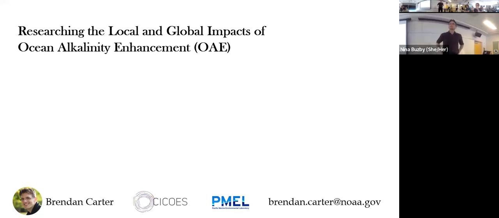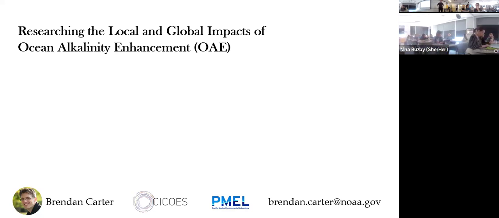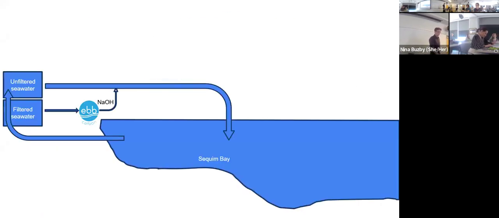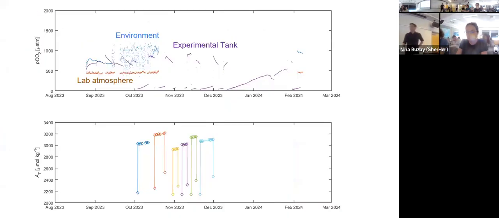Yeah. And Spoon Bay looks like a good location for a pilot study. What's the natural or background PCO2 in Spoon Bay? Really high. Let me see. I didn't talk about it, but the blue is the background environment.